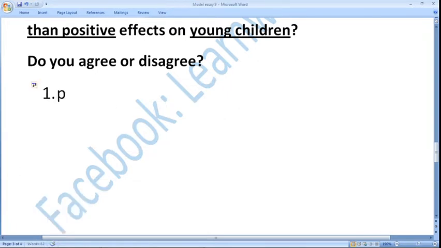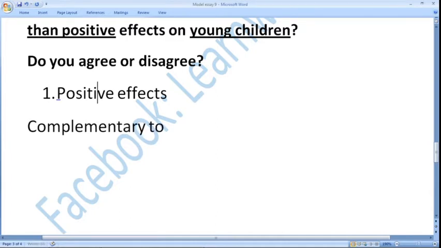Number 1 is positive effects of using a computer on children. What are the positive effects of using a computer? For example, younger children can use a computer that would be helpful for their studies, as a complement to their studies.